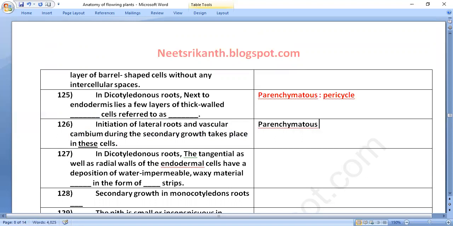The tangential as well as radial walls of the endodermal cells have deposition of water-impermeable waxy material, suberin, in the form of Casparian strips.